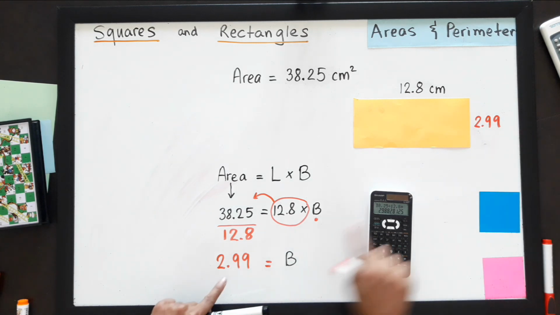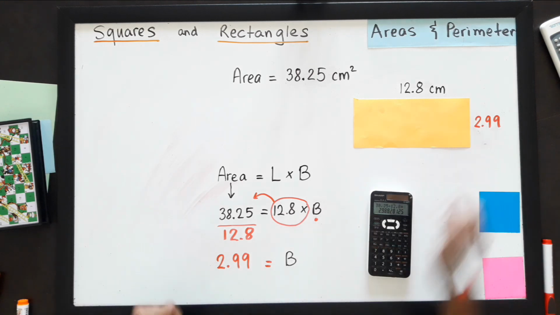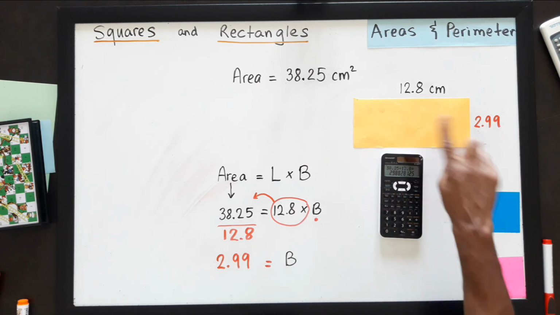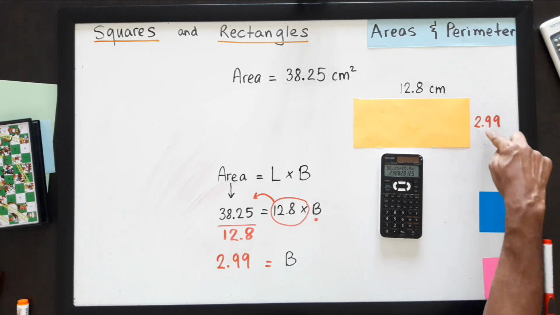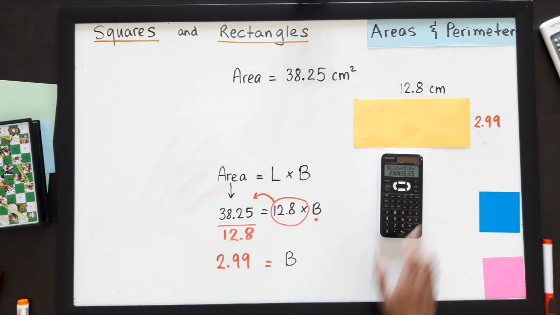And remember, I rounded off this answer. If you use your calculator, which I advise you do when I'm doing the questions, we will be forced to round off. And I can actually prove that this answer is correct, because if we take the length and multiply by the answer we got for the breadth, we're supposed to get back to the 38.25.